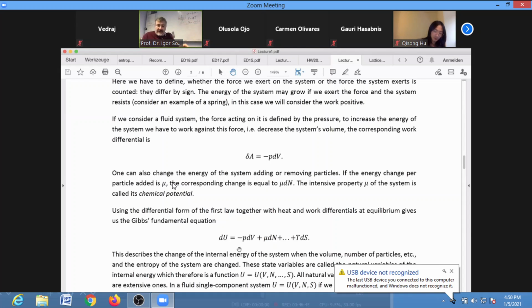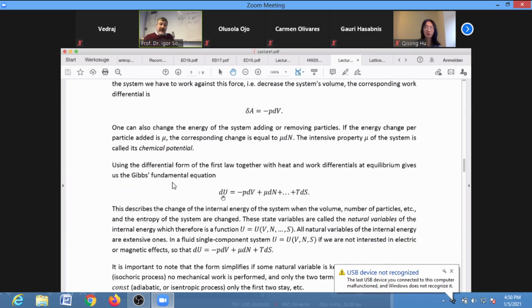I can do something else. And then I can put down this dU, this infinitesimally small change of the internal energy as a sum, as a differential form. Minus PdV, this is the pressure in my system, times the change in the volume, plus chemical potential in my system for a corresponding sort of molecules, times the change of the number of molecules of the corresponding type. If I have a mixture, I might have different chemical potentials for different constituents of this mixture.